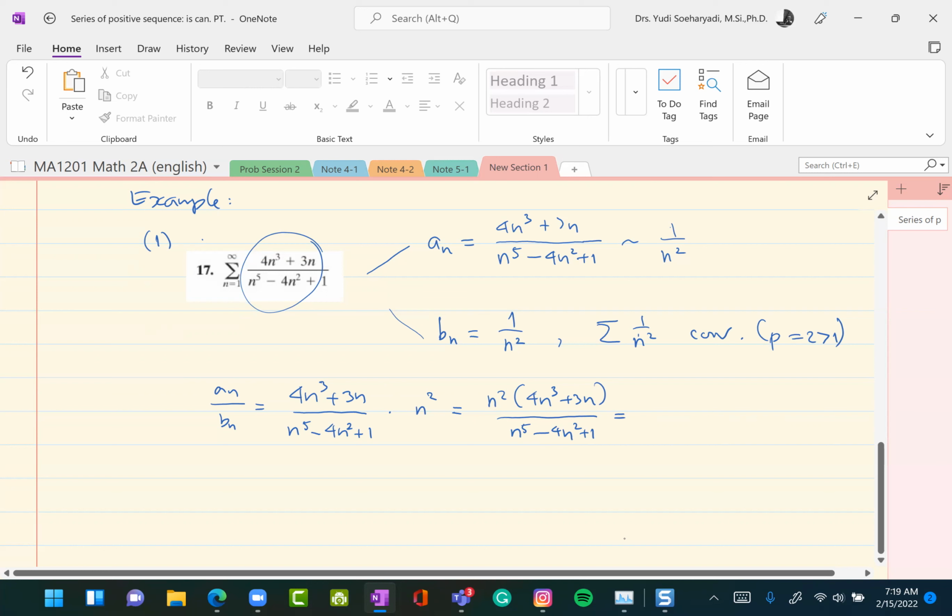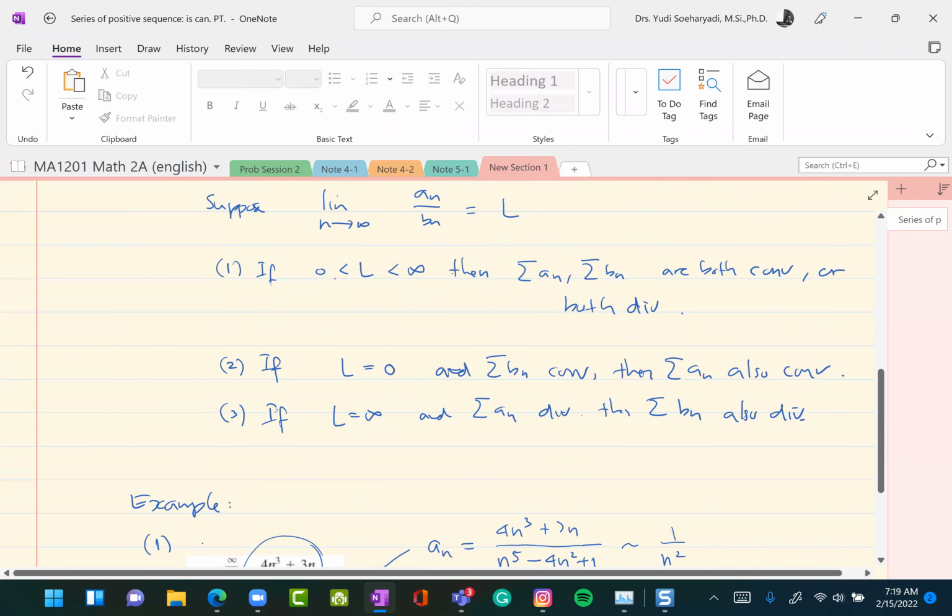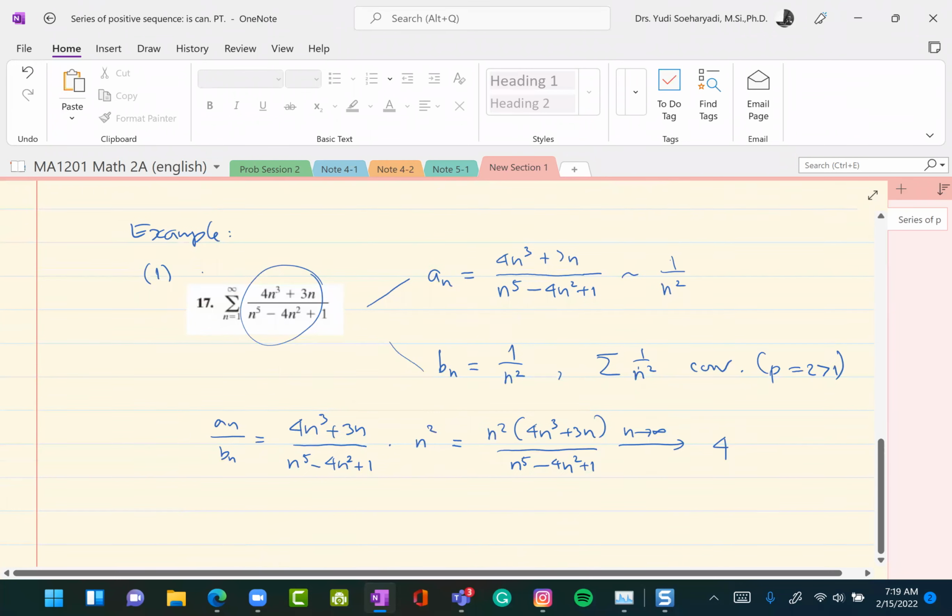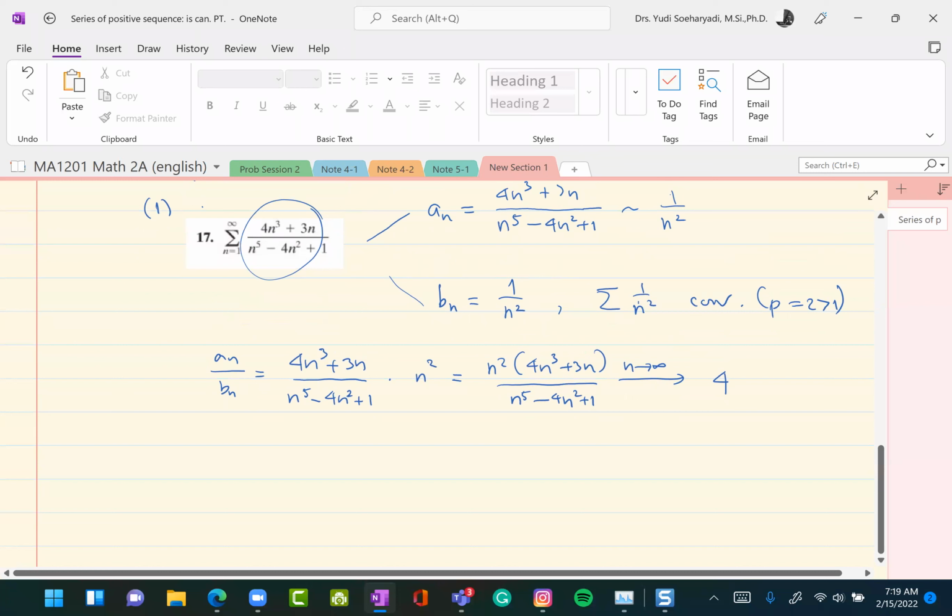So the limit is 4 as n goes to infinity. So by the limit comparison test, we are in the first case here. So the convergence is the same. And because we know that the sum of b_n converges, then a_n must converge also.